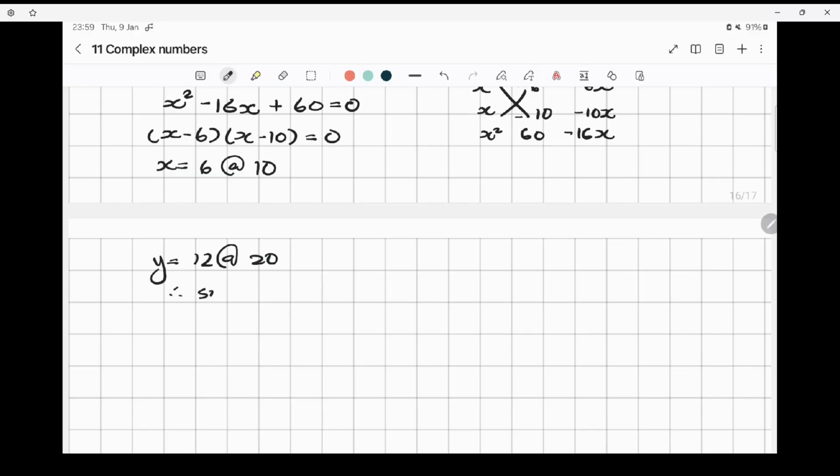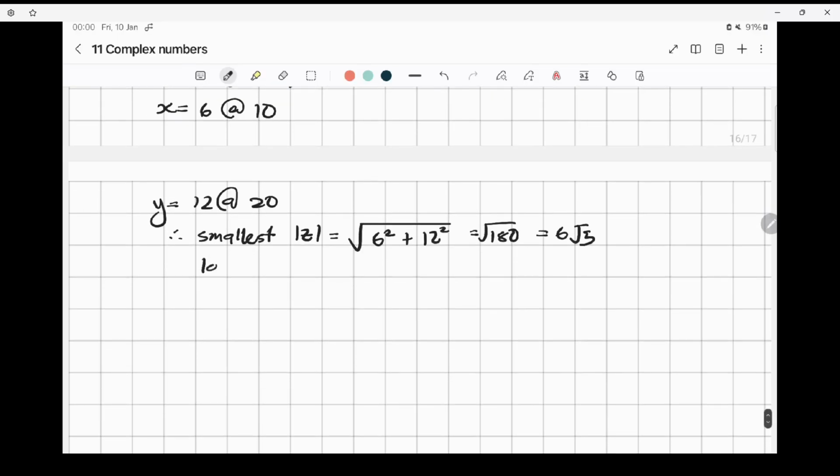So the smallest modulus z will be equal to square root of 6 squared plus 12 squared. So this is square root of 180, and you can easily simplify it to 6 square root 5.